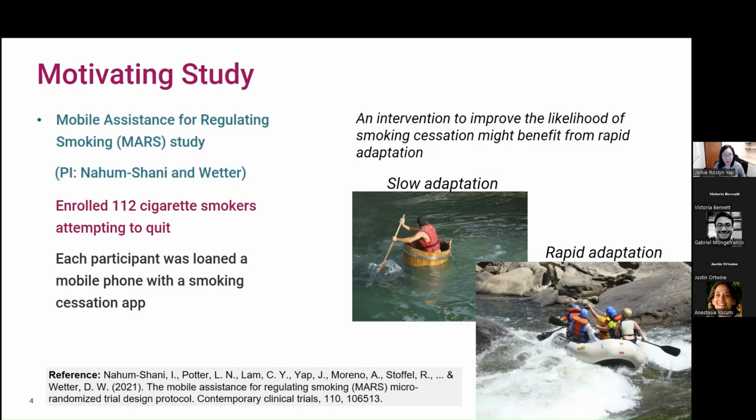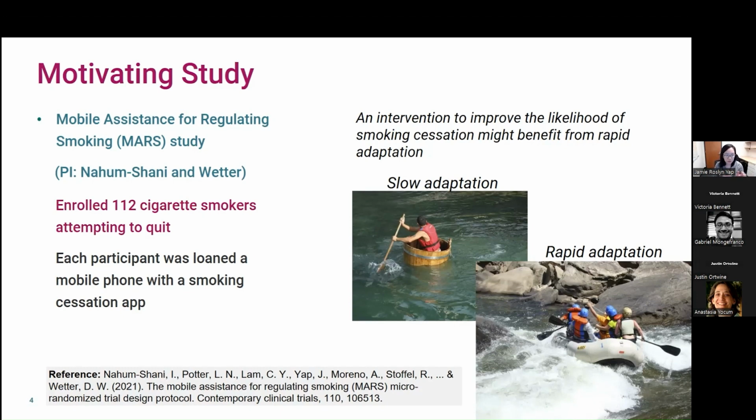So remember, we talked about rapid adaptation and slow adaptation. In the context of this study, rapid adaptation could potentially be beneficial because the risks of relapsing back into regular smoking habits and opportunities for a participant to be receptive to intervention can change daily or even hourly. So for example, if a person was stressed, it may not be the best time to intervene because they might not be receptive to the intervention that you plan to give them.